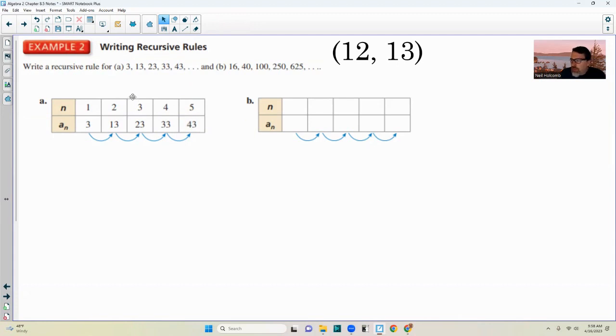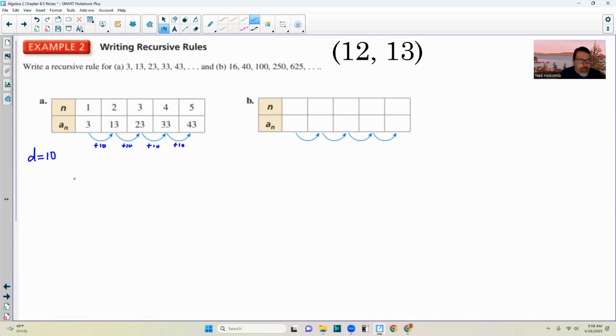So the first thing you want to do is use a table to organize the terms to find the pattern. And then you're going to say, okay, well, I had to add 10 here. I had to add 10 to get 13 to 23. 23 plus 10 is 33. 33 plus 10 is 43. So my common difference, D, equals 10.